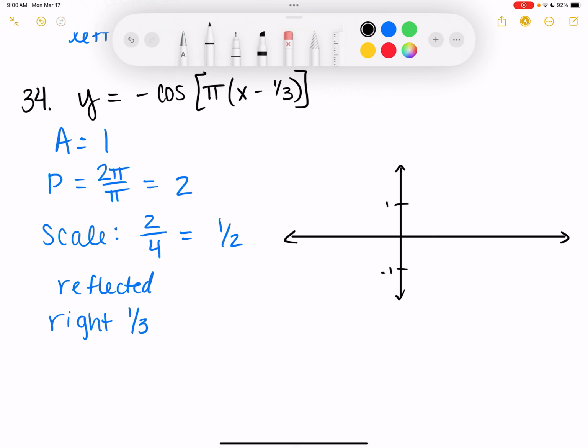And then I'm going out to 2 increments of 1/2. So 1/2, 1, 3 halves, and 2. And then I know that it's going right 1/3, so I'm going to go over here and go to 5/2, just so that I have enough room to do that on my graph as well.